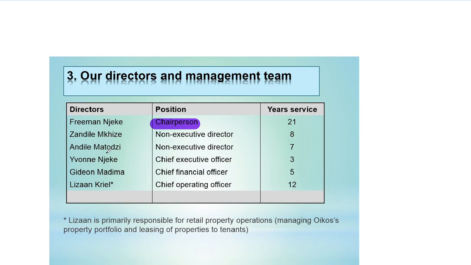And then we're looking at Andile Matondi, non-executive director with 7 years of experience. And then we have Yvonne Njeke, who is the chief executive officer, the CEO. And when we're looking at the number of years of experience that Yvonne Njeke has, it's only 3 years. What would you say here? It is a bit concerning.